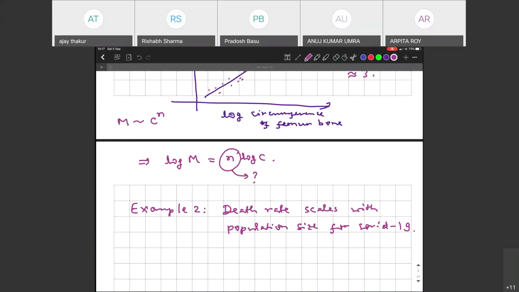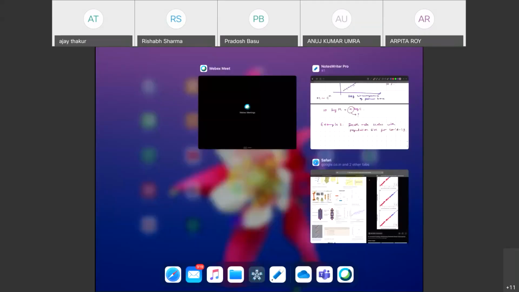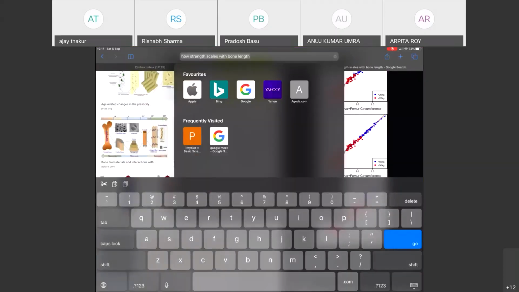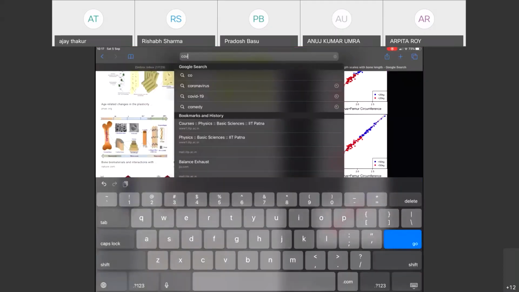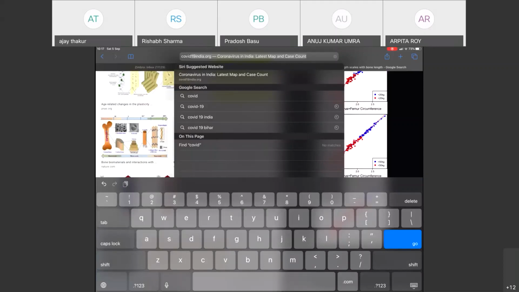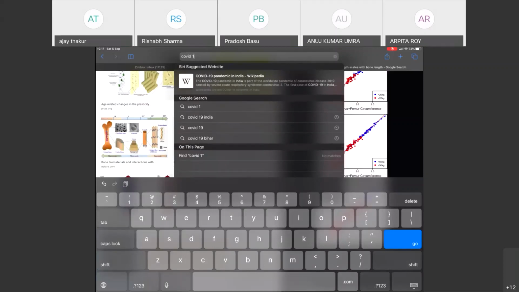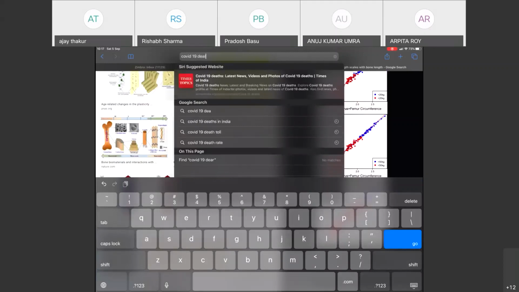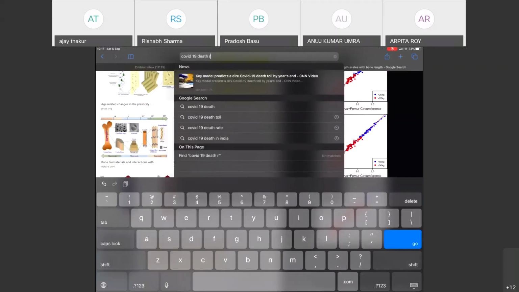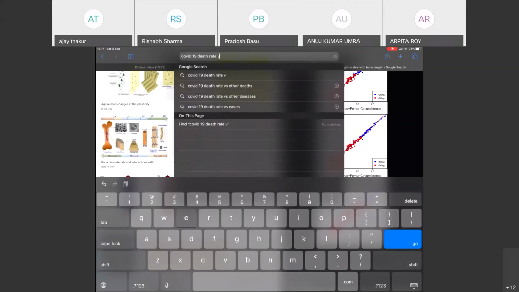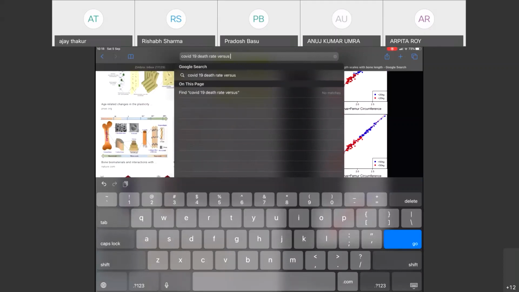So let's look at the data. We find that there are more parameters which have to be worried about. Say, suppose we are looking at COVID-19 death rate versus population density.